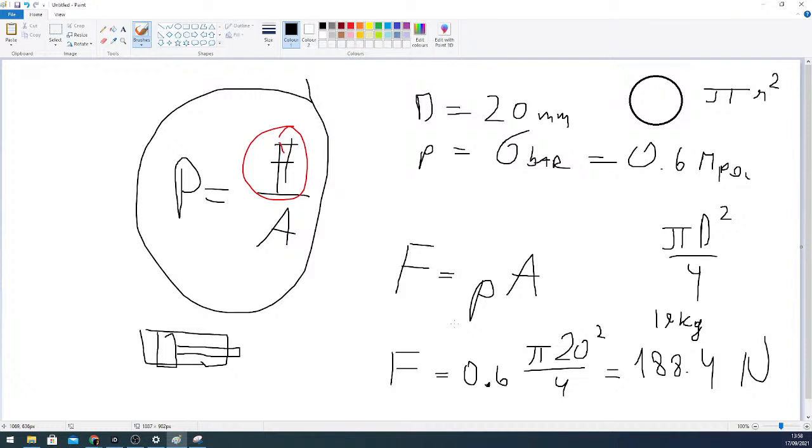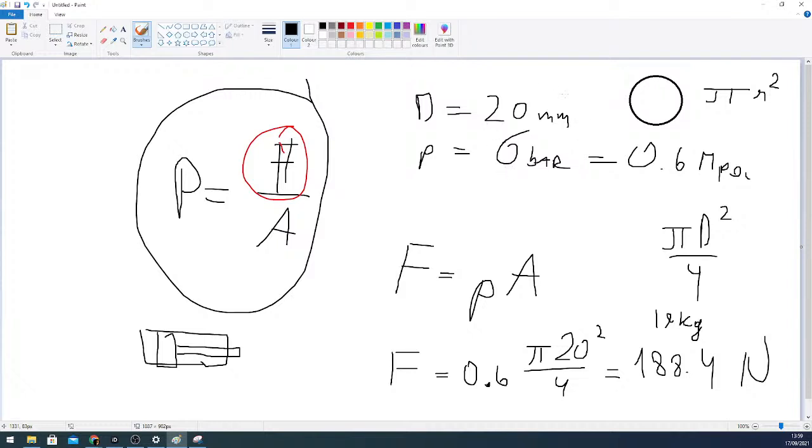In hydraulics, I'll just make this comparison just for food for thought to end this lecture. In comparison, in hydraulics we use quite a lot higher pressures.